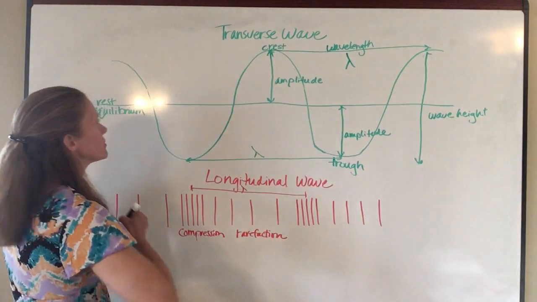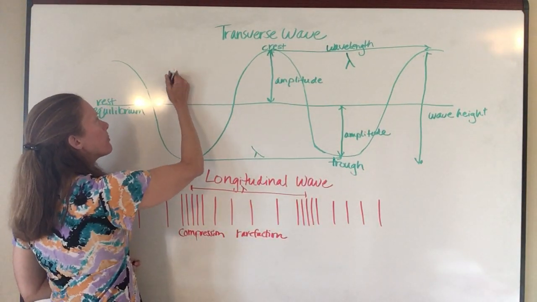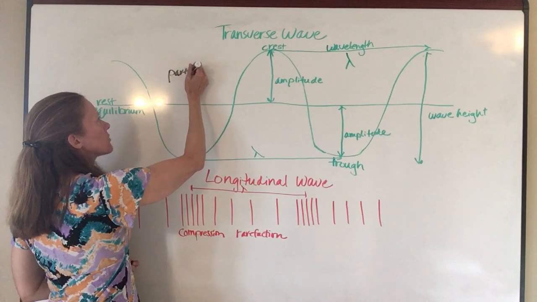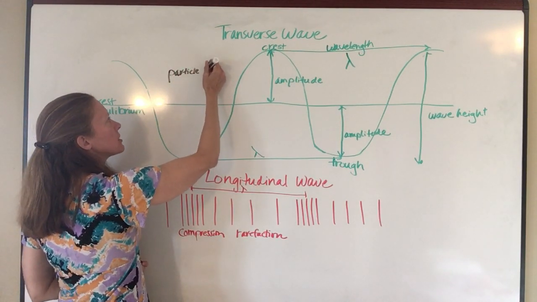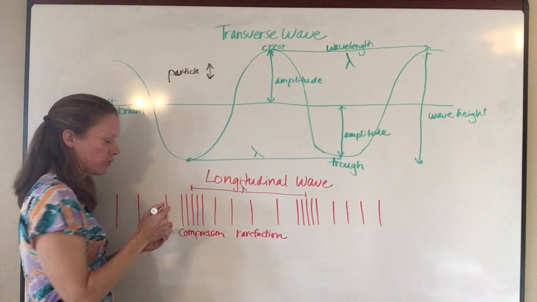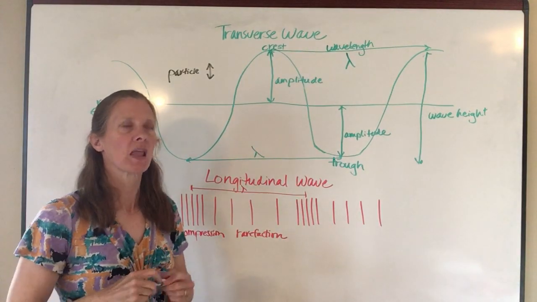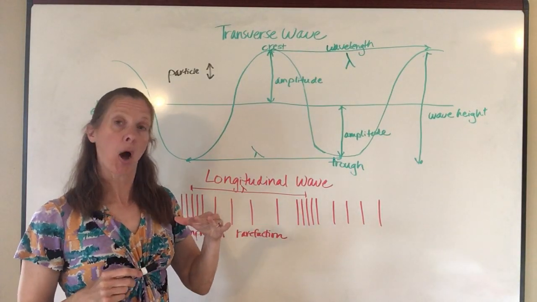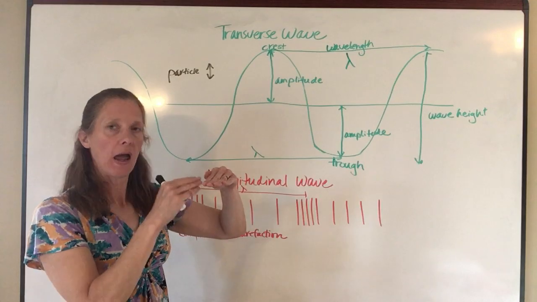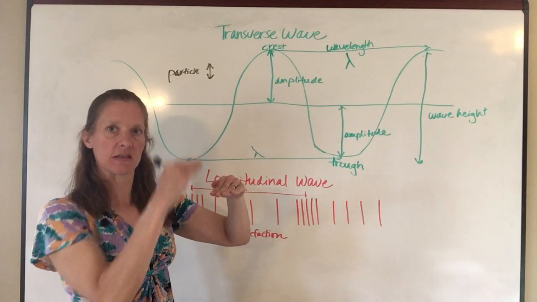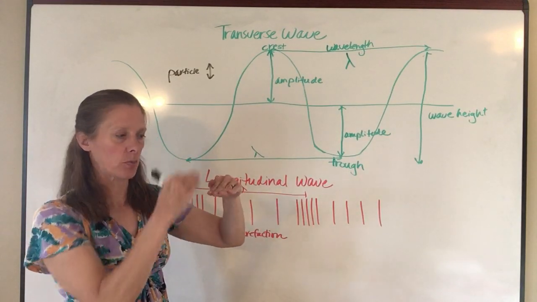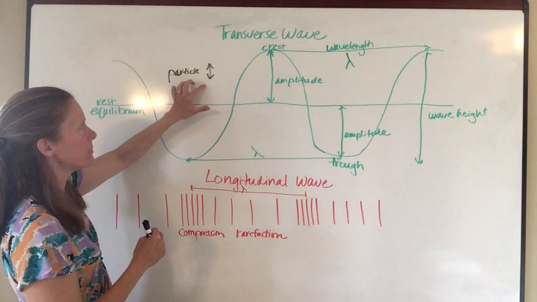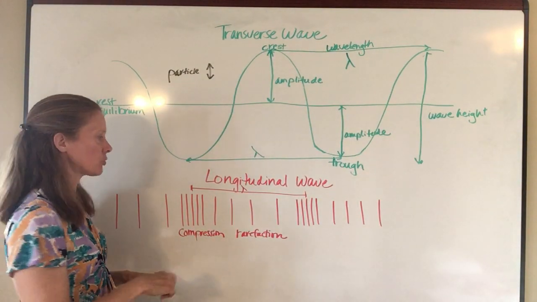But in a transverse wave, the particles are actually going to bounce up and down, which if you think about a duck on a pond, and he's just sitting there, and as the waves pass by him, you can see the duck kind of bouncing up and down on the wave. So the particles will bounce up and down on a transverse wave.